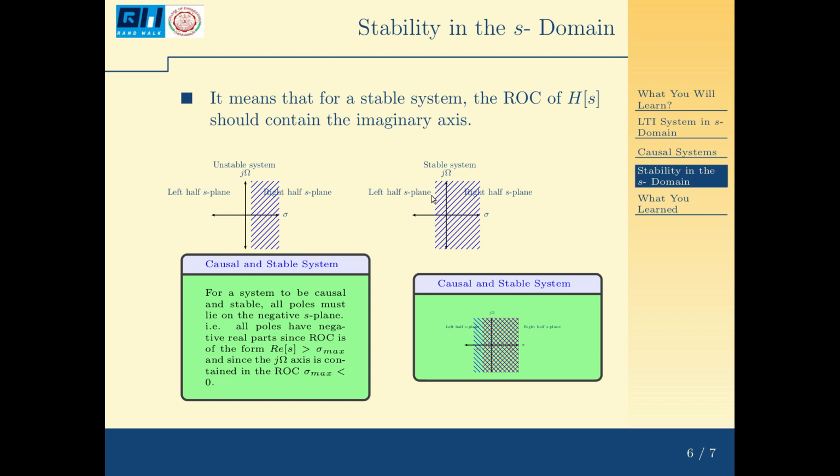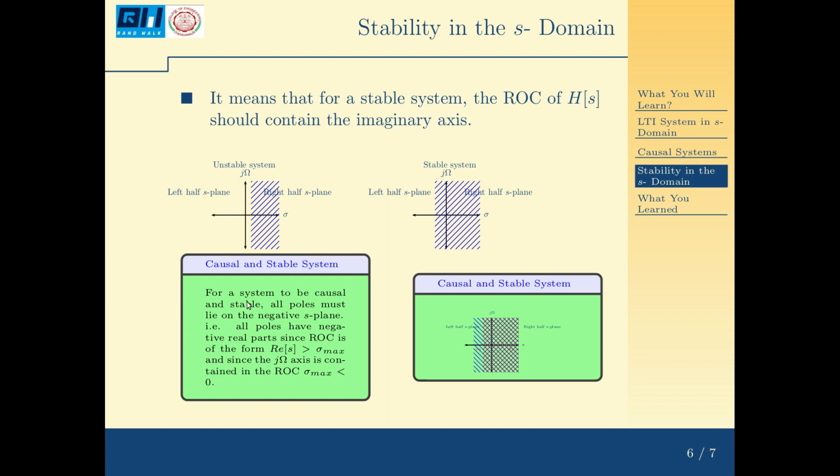This is a stable system, because the imaginary axis is contained in the ROC. This is an unstable system because the ROC does not contain the imaginary axis. So if it is a stable system, the region of convergence should contain the imaginary axis.